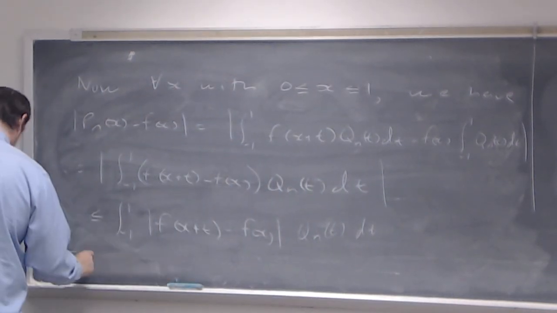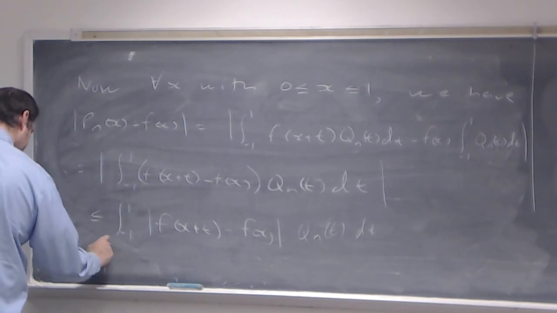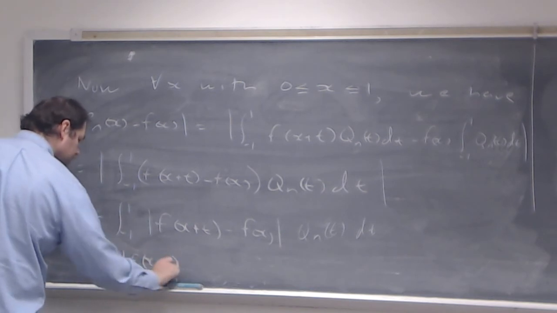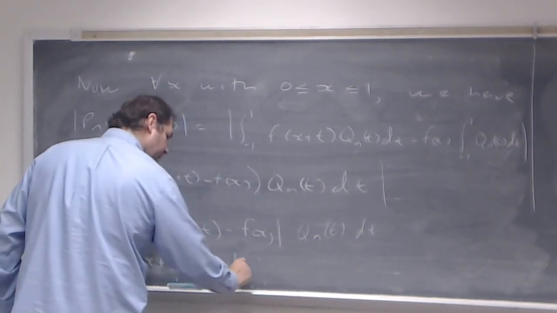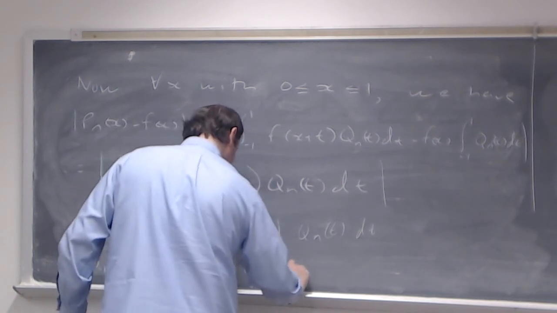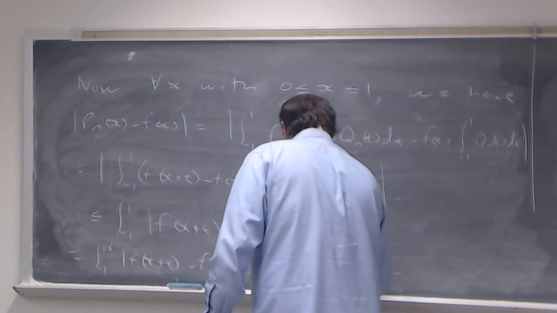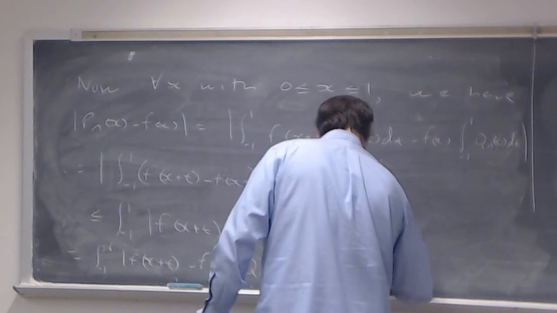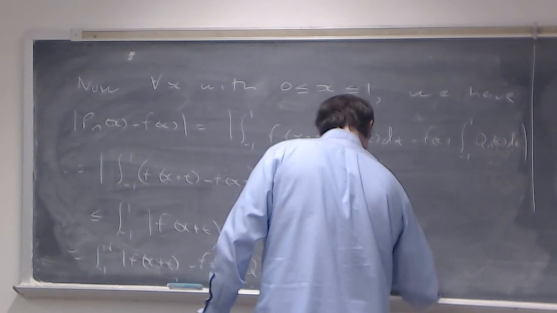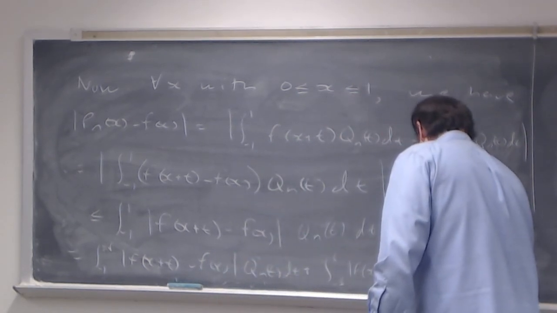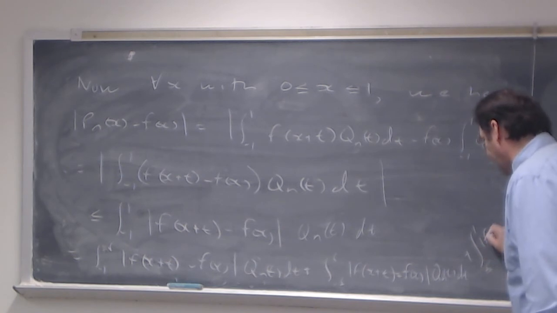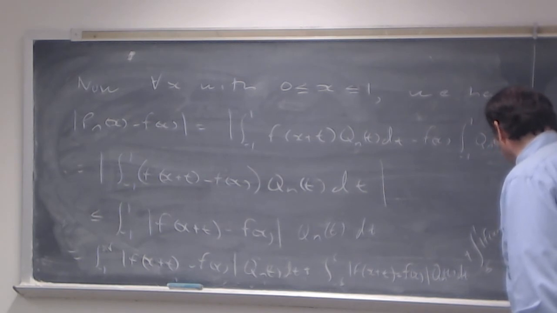And then this can be split up as the integral from minus 1 to minus delta of the absolute value of f of x plus t minus f of x times q sub n of t dt, plus the integral from minus delta to delta of the absolute value of f of x plus t minus f of x times q sub n of t dt, plus the integral from delta to 1 of the absolute value of f of x plus t minus f of x times q sub n of t dt.